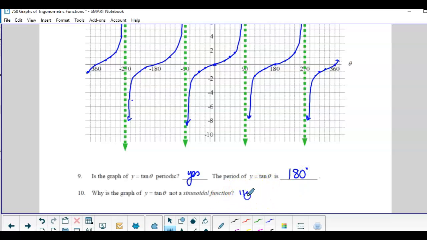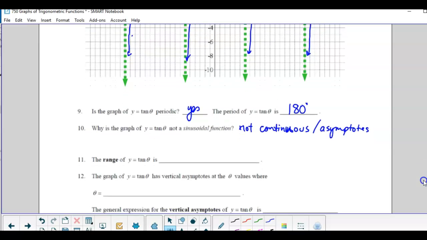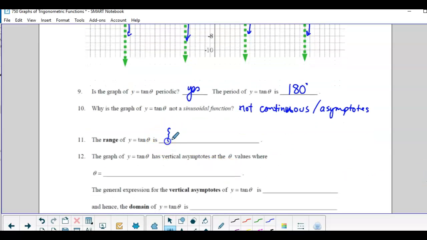Well, it's not continuous, right? You have to lift your pencil. There are asymptotes. Okay. What's the range? Well, the arrows go up and down. So the range of this is all real numbers.